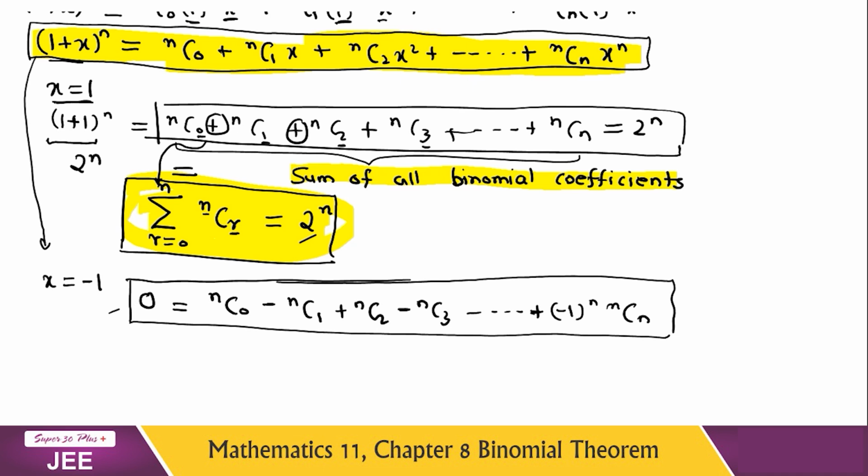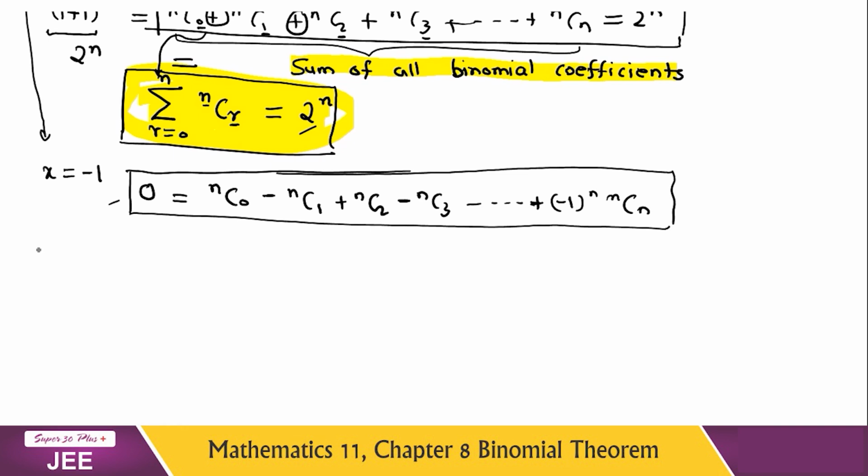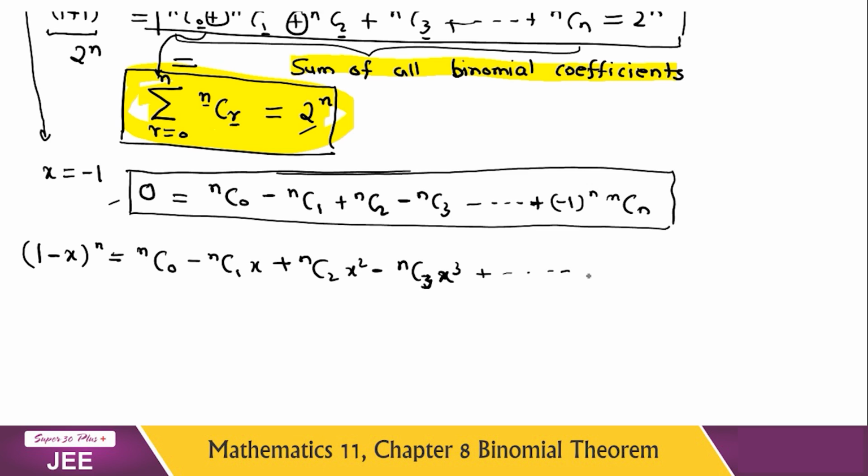Alright, now it is very obvious that (1 - x)^n will have expansion as nC0 - nC1 x + nC2 x² - nC3 x³. I hope everybody will be able to write it down now, because we have practiced it at least this much that we can easily write the expansion of (1 - x)^n. So the last term is going to be (-1)^n, because there is a confusion in the last term whether it will be with plus sign or minus sign.